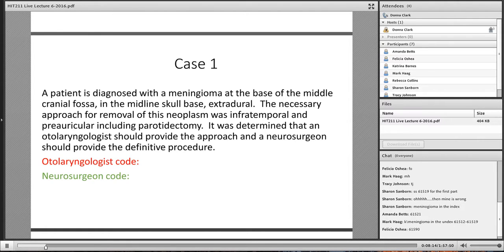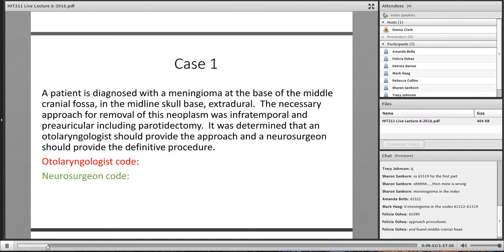Felicia is correct with the approach. Please tell us how you came about it. Give us how you got there. So what did you look up in your index? You went to what? Skull-based surgery, then what? You went to skull-based surgery.